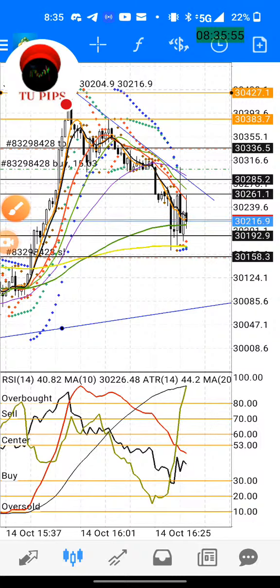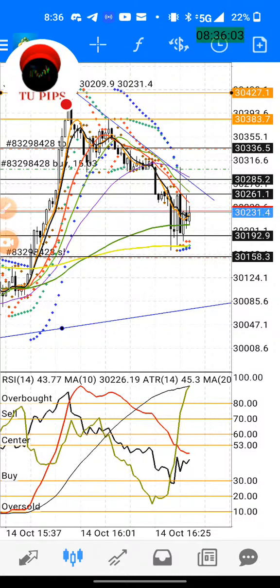And it ain't about the size of the account. So don't focus on how big this account is. Don't focus on whether it's real or the demo. It doesn't matter. I'm here to show you guys how to trade. I'm using the TuPar 3.0 if you choose to use that.